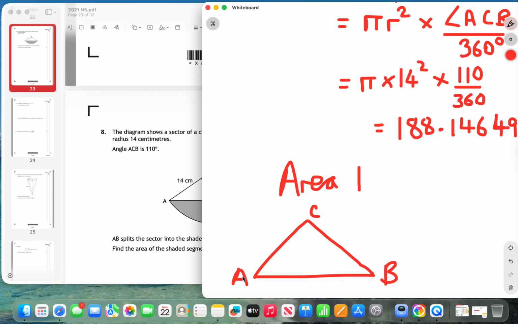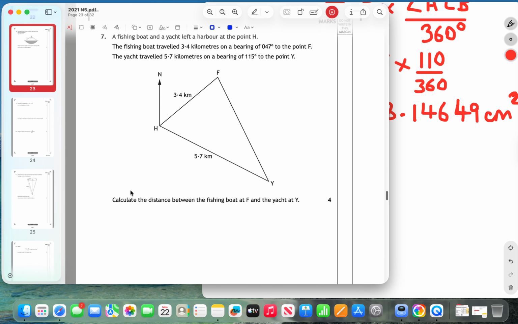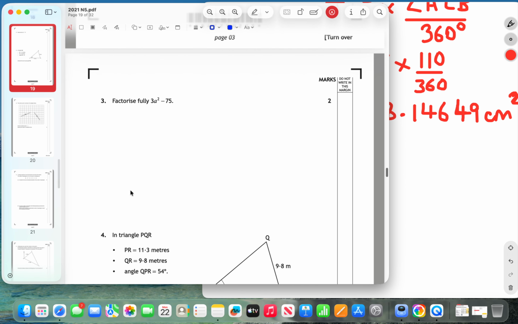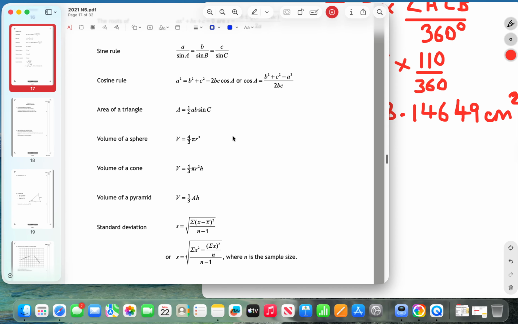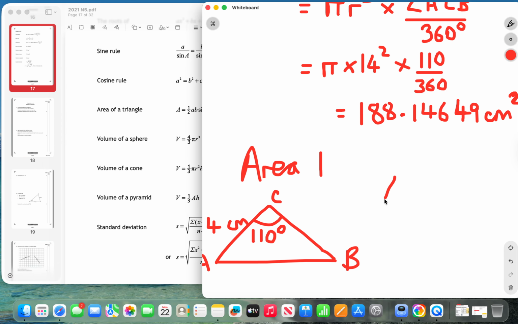We have the radius of 14 centimetres and the angle of 110. If you want to find the area of this, you use the trigonometry formula, and always refer back to the formula sheet. Don't try to guess this, because you might get it wrong, and it's a silly few marks to lose if you're told the formula.